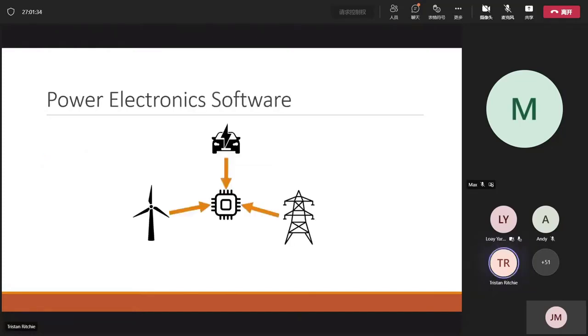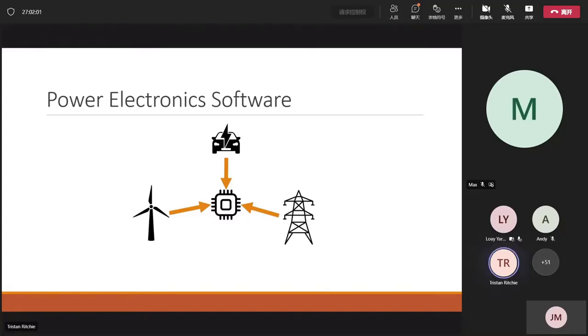Generally speaking, power electronics software describes basically any software that is involved in electric motor drives, power conversion, such as renewable energy generation and distribution, but also things like energy storage and fast charging in battery management systems, and other applications like that.